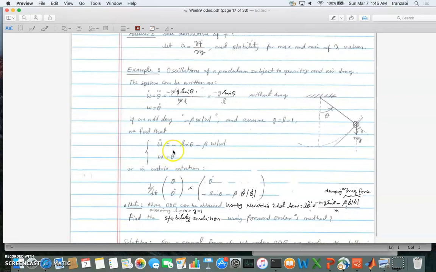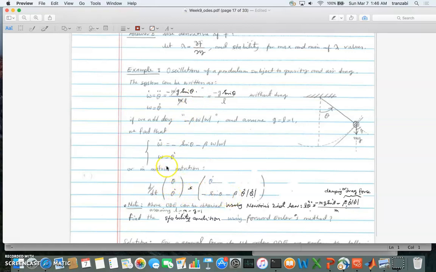So now I have 2 equations, right, with 2 unknowns, theta and theta dot. Okay, so I converted the second order differential equation to 2 first order differential equations. One is in theta, the other one is in theta dot.